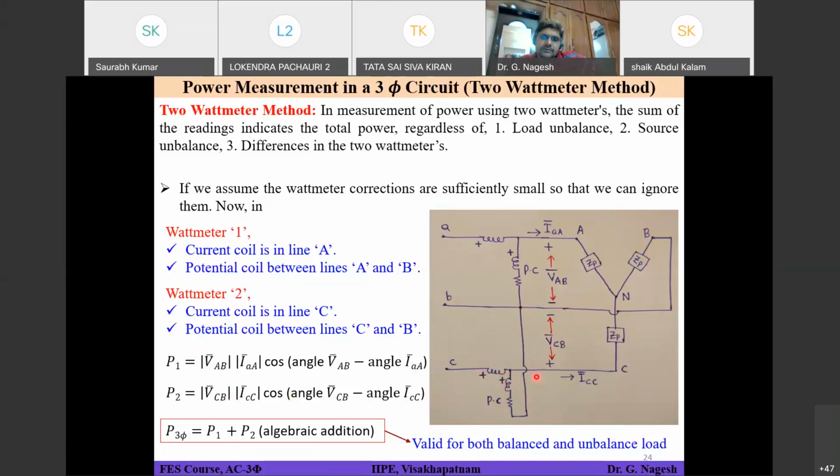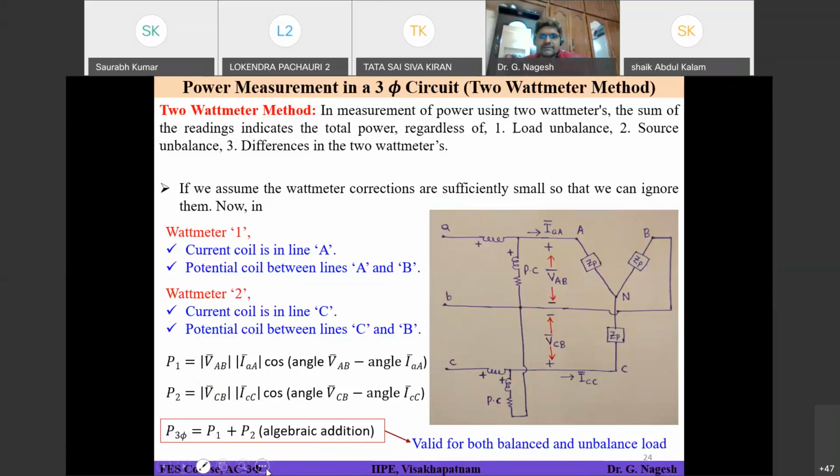Right. So if you connect in this fashion, let's say this one is giving a reading of P2, some value, and P1 is also giving some value. If you simply add those two, algebraic addition, that means taking sign into consideration, then the total power in a balanced or unbalanced load will be nothing but the addition of these two.